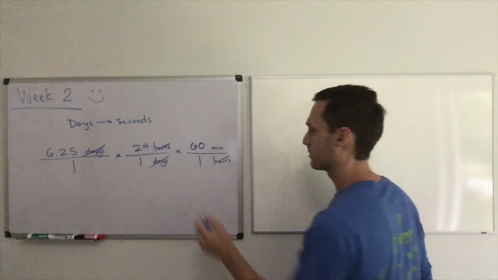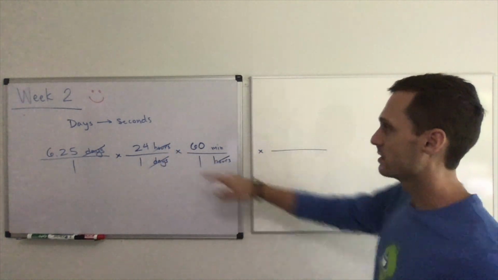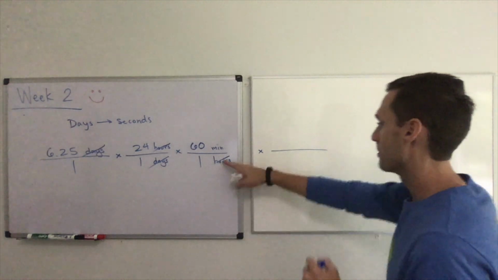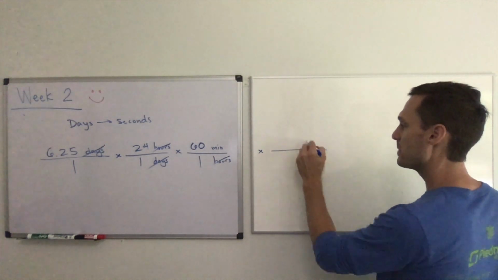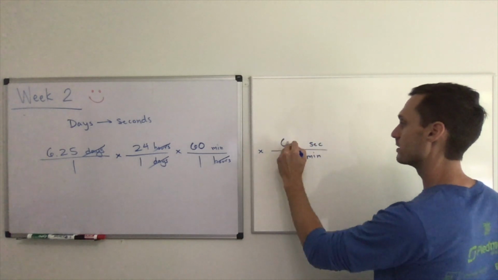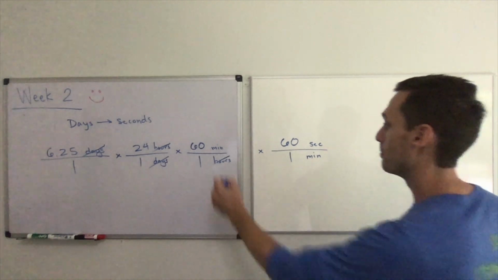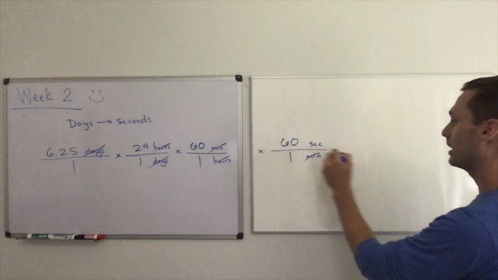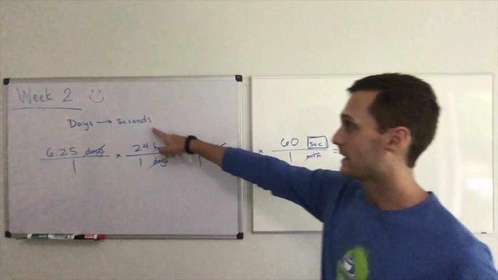Now hours cancels because it's in the numerator and the denominator. We're still not done because we need to get to seconds, but now we know a very easy conversion to go from minutes to seconds: 60 seconds in 1 minute. Okay? Minutes cancels. Now you are left with seconds, which is our goal.